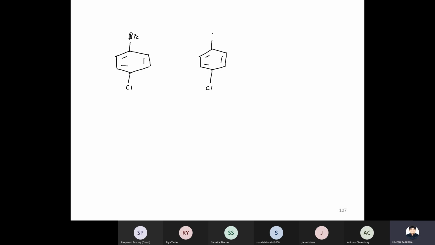Which one is the principal axis in the first case? In both, which is the principal axis? It will be C2, passing through bromine, carbon and chlorine. This is C2.